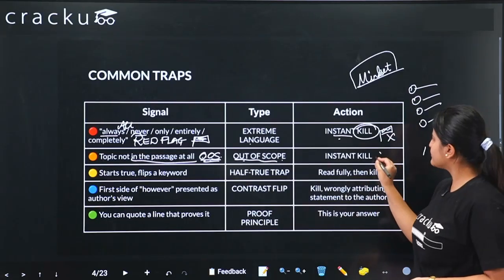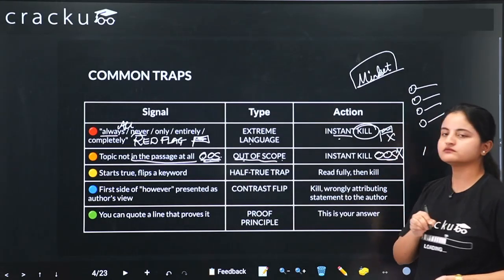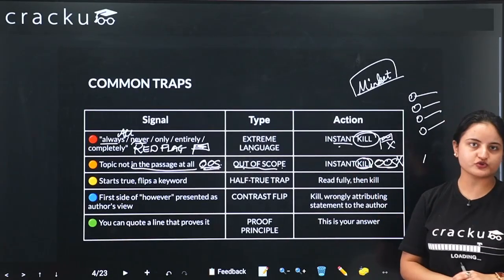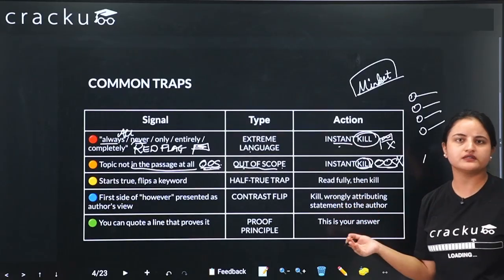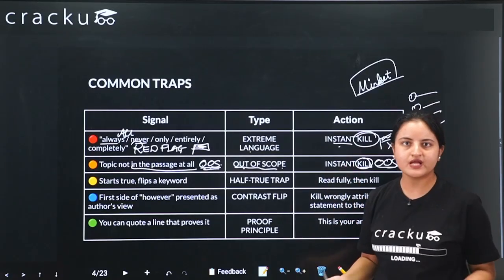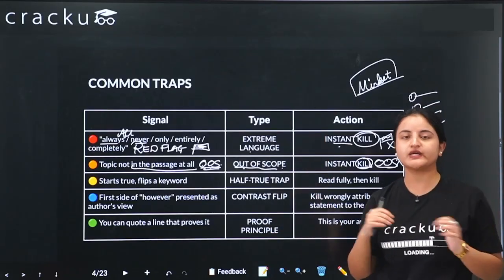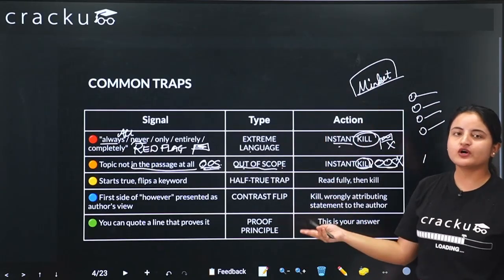We can simply write OOS, and we can instantly kill or remove this option. Because we can just go back to the passage and say, oh my God, this thing is not even talked about. It would sound good. The sentence would sound nice also, but it would be out of scope, meaning that topic would not have been discussed.